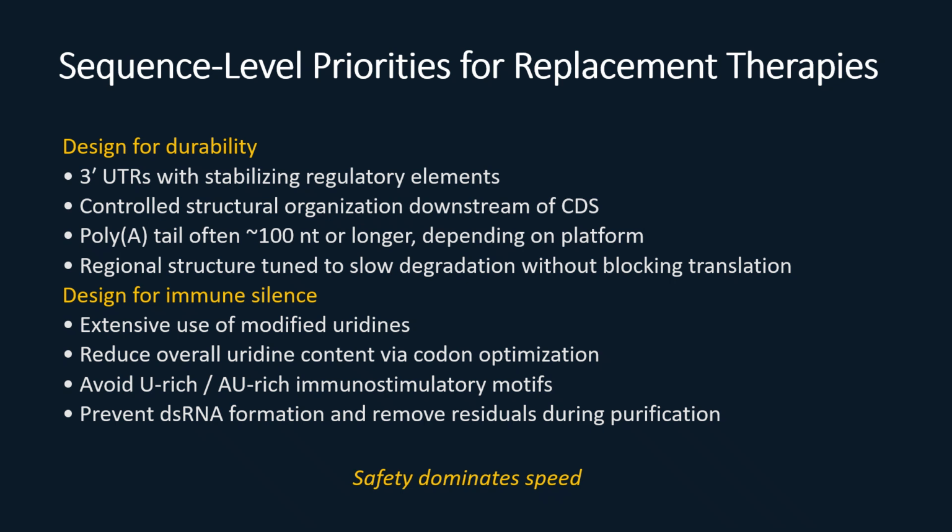And then some is chemical, that is, replacing uridine with modified bases like methylpseudouridine. And double-strand RNA control is critical. That starts with sequence design to prevent formation, but also requires manufacturing purification.